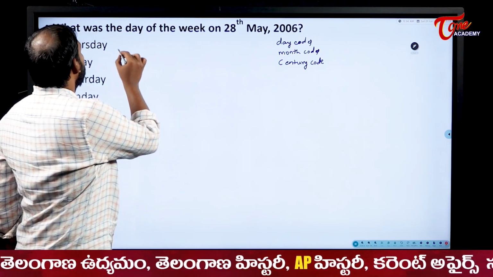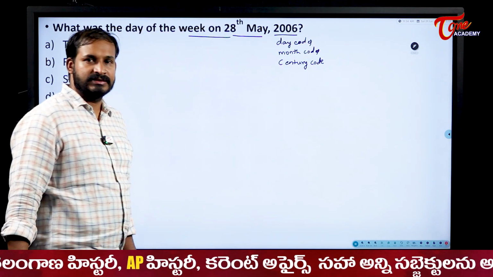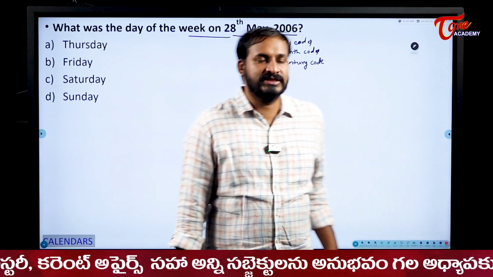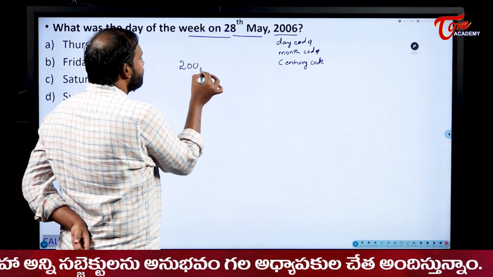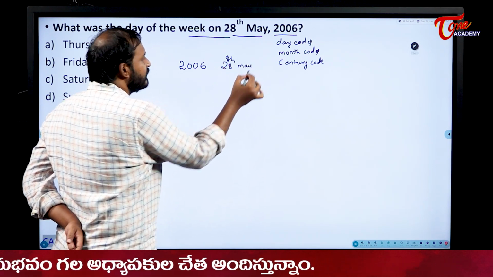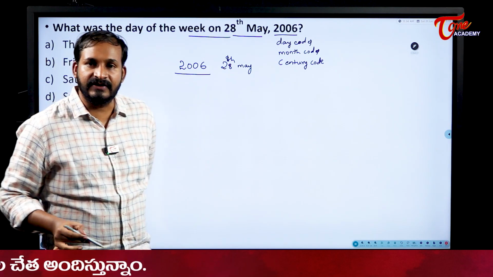Now see here, what was the day of the week on 28th May 2006? I need to tell the day of the week on 28th May 2006. Students, 2006 belongs to which century? The 21st century.